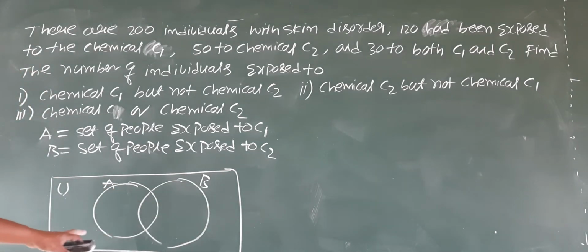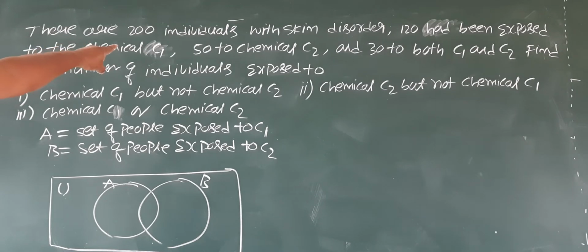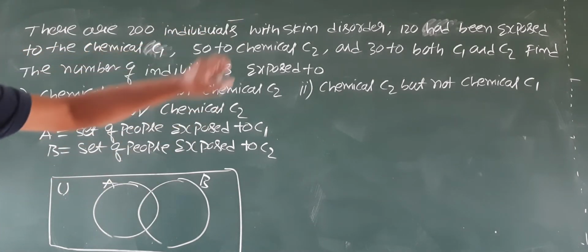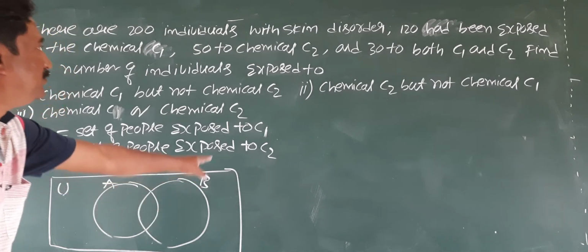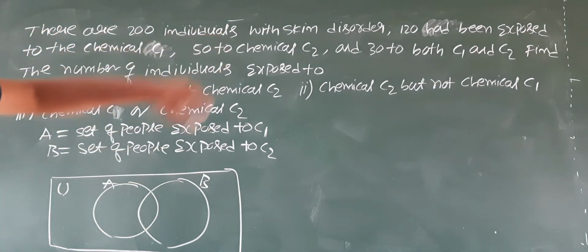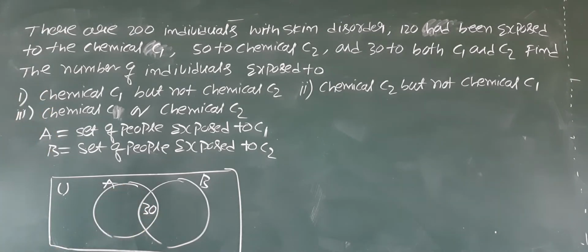So tell me, students, the common people. 120 had been exposed to C1, so set A has 120. 50 to C2, so total elements of set B is 50. 30 to both. Total elements of A: 120 exposed to C1.